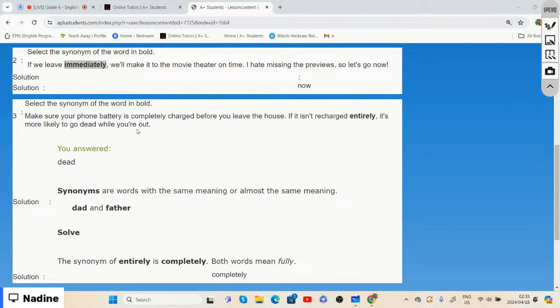All right, so the word that's the same as entirely. What is the word that's the same as entirely?